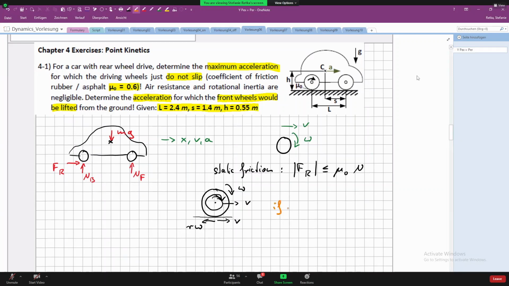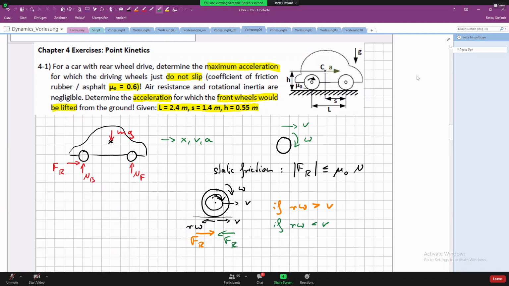So if R omega is greater than V, or if this is more likely to happen, then this would be the direction of force of friction. In another situation, if your object or mass is more likely to translate faster than it rotates, then your force of friction should point opposite to the direction of translation.